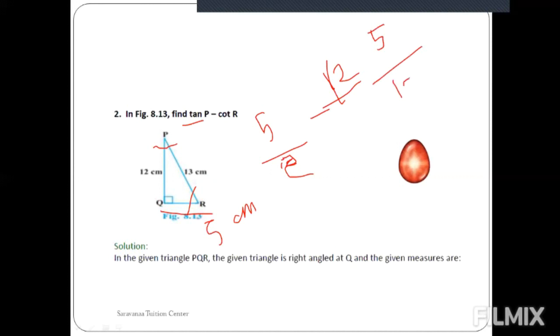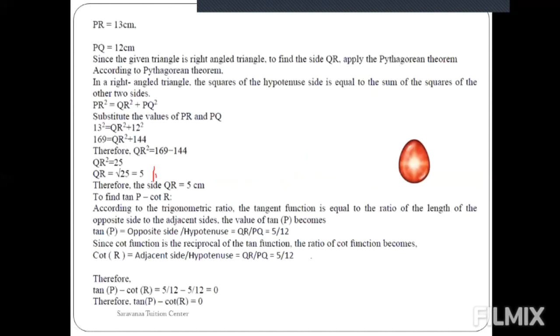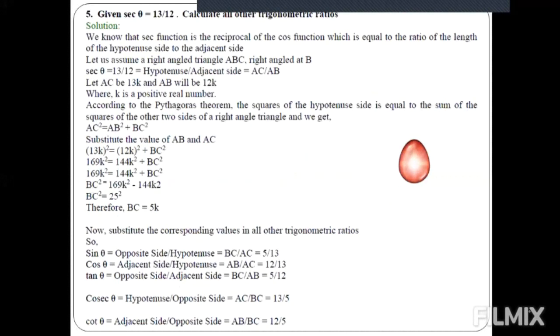When you subtract these, you would get 0. 0 is the answer. In the next page you got that. So moving on to the next question.